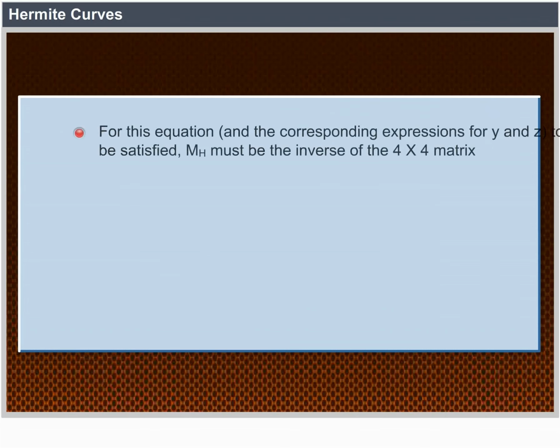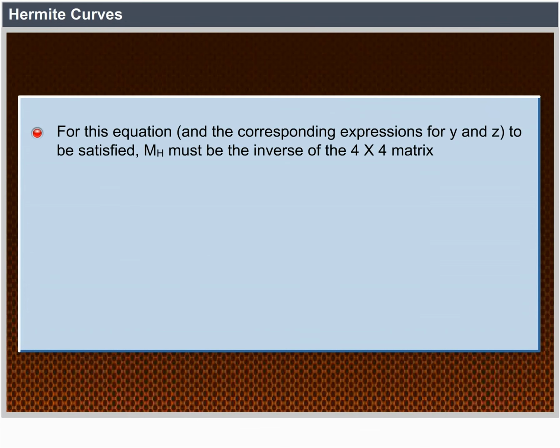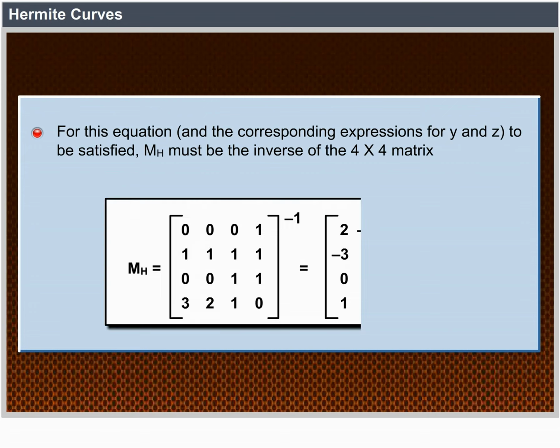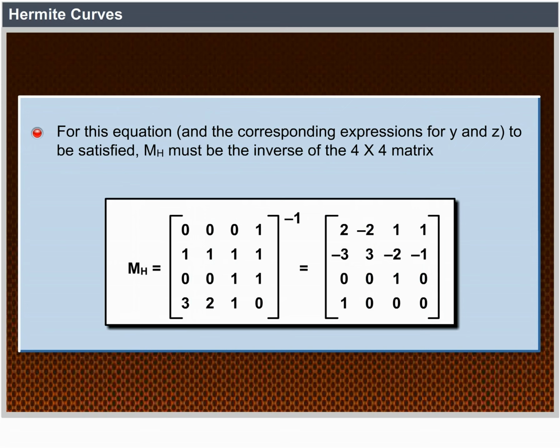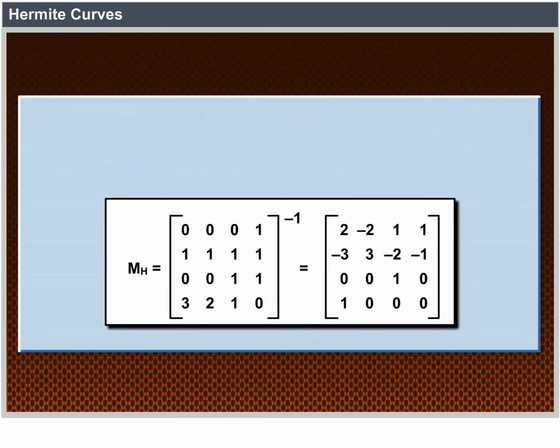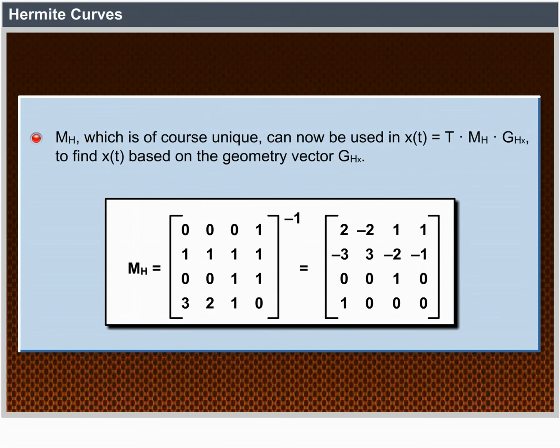For this equation and the corresponding expressions for y and z to be satisfied, MH must be the inverse of the 4 by 4 matrix, as shown. MH, which is of course unique, can now be used in x of t equals T MH GHx to find x of t based on the geometry vector GHx.